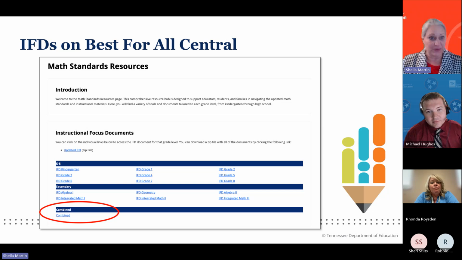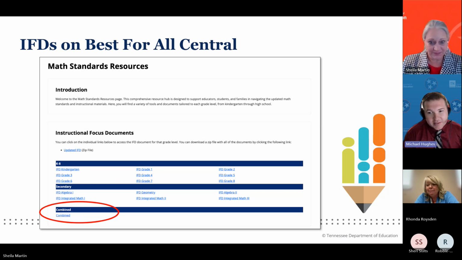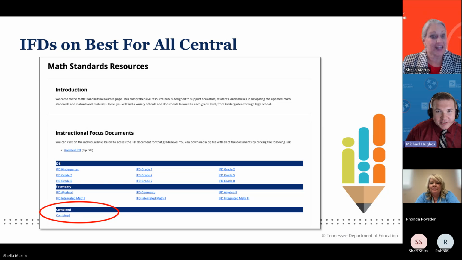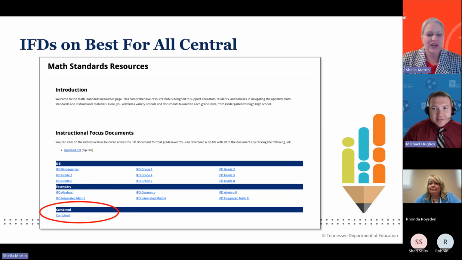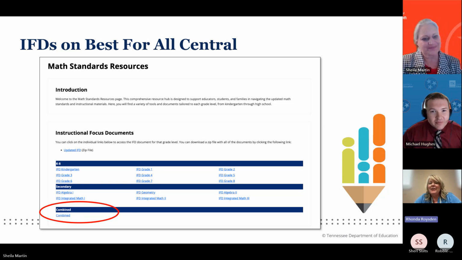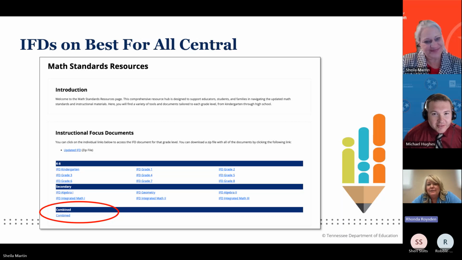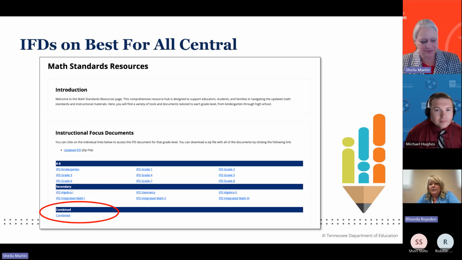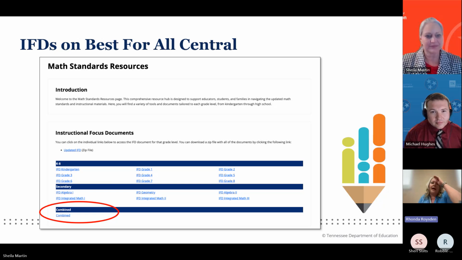And Rhonda also says she's using it in tier instruction. Rhonda, if you want to come off mute and explain a little bit more, you can. We like to use it, of course, at level 3, we're at standard. So for those enrichment kids, looking at level 4, and for intervention kids, where they've fallen, using their student work to see where they're falling on the IFD.